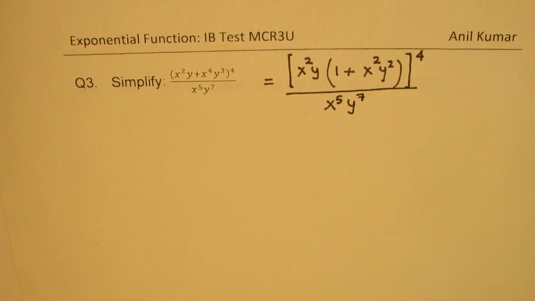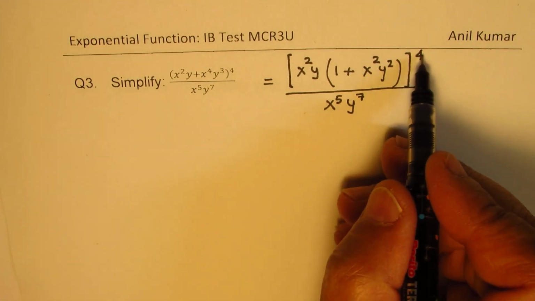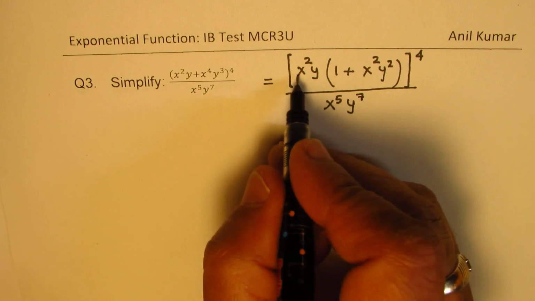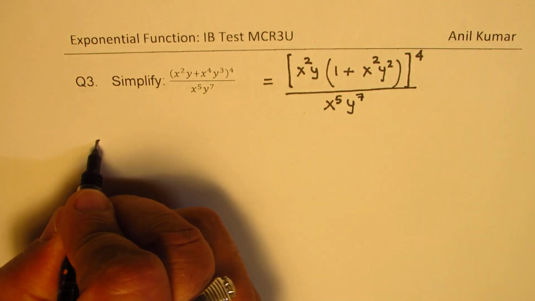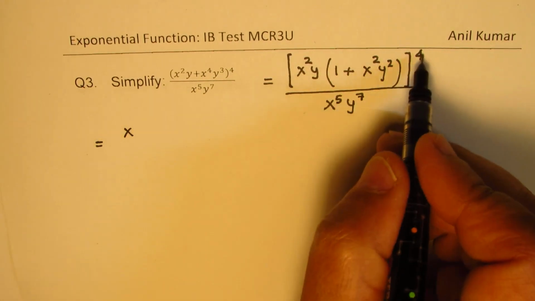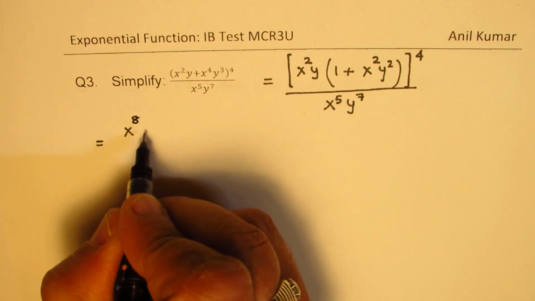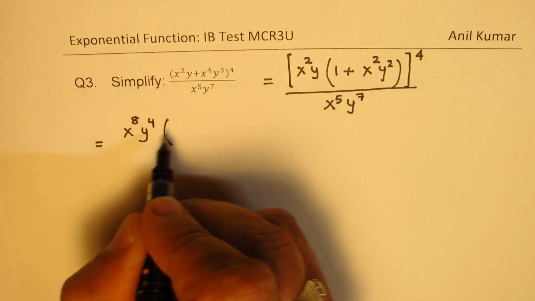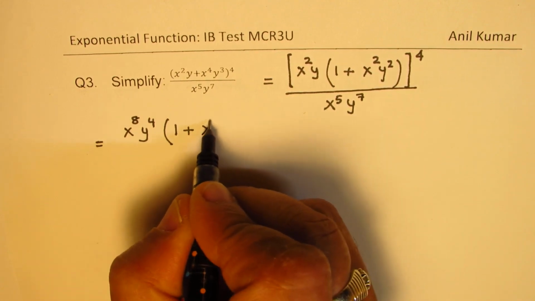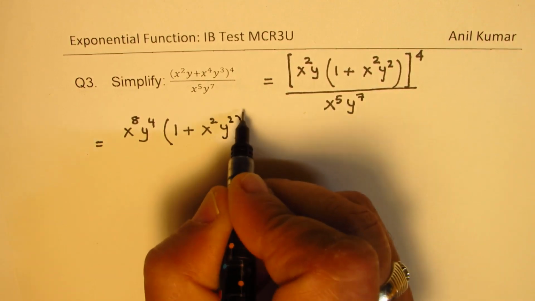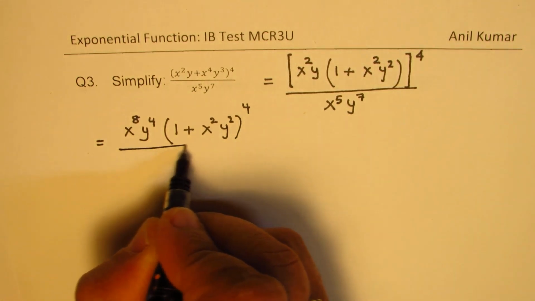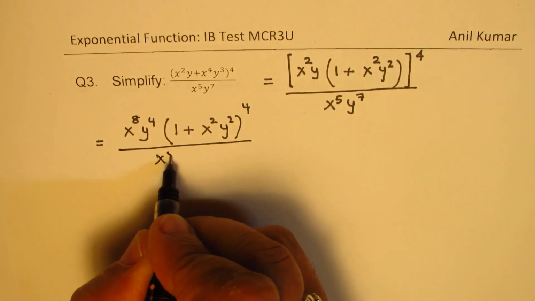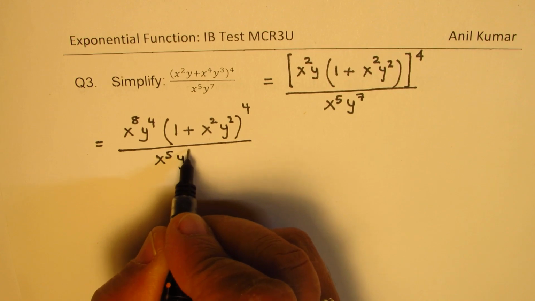Okay, that is fine. Now to move on, we'll use this power of 4 and distribute it over. So we can write this as x to the power of 4 times 2 as 8, y to the power of 4, and within this bracket we get 1 plus x squared y squared to the power of 4, over x to the power of 5 y to the power of 7.